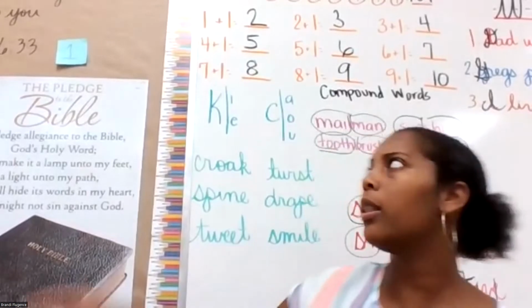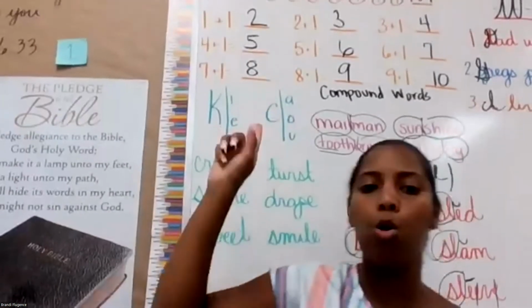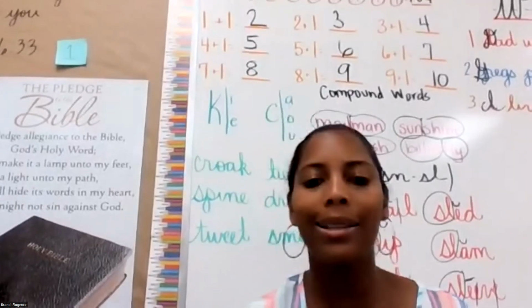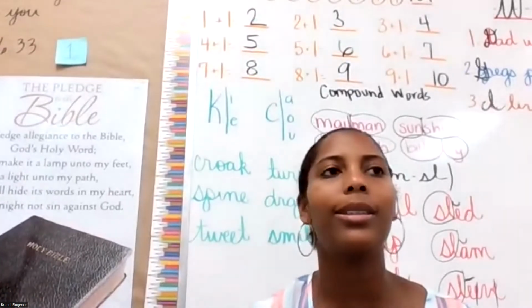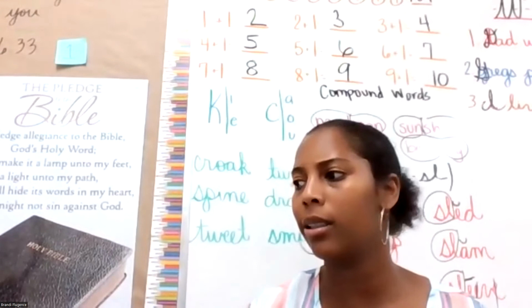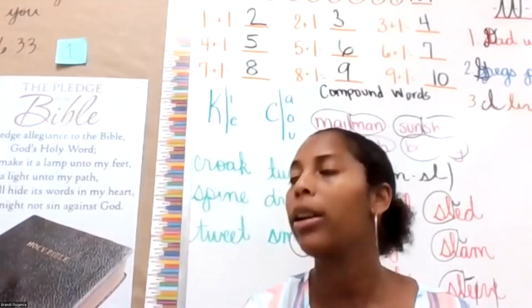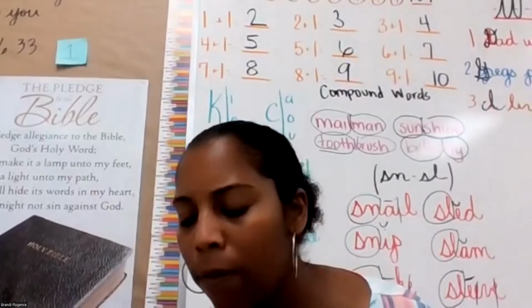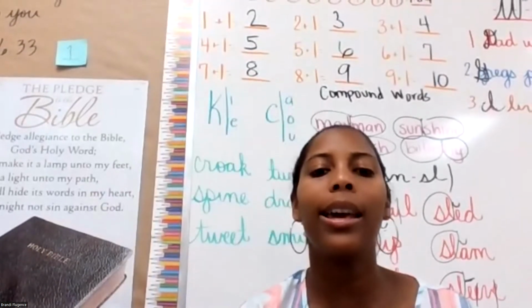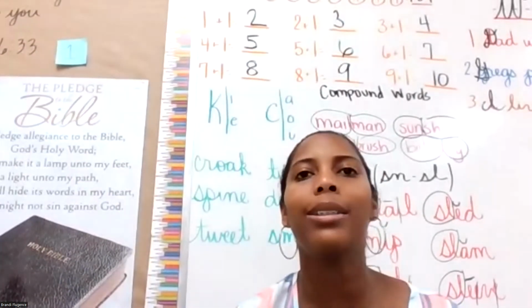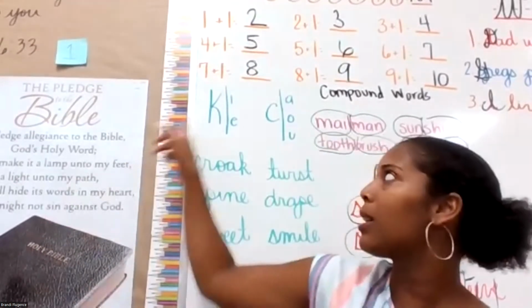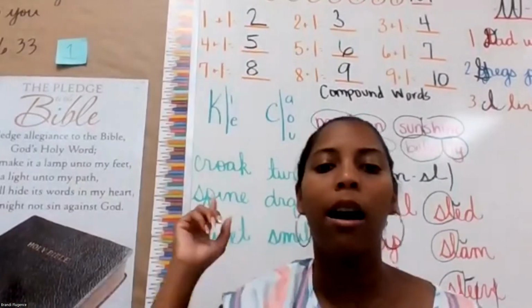C, the vowel is O. Okay, what about if I have the word kite? Will it start with a K or a C? Okay, listen to that I. Kite. Good. One more. If I have the word kid. Would it start with a K or a C? Okay, because of that I. Good job.